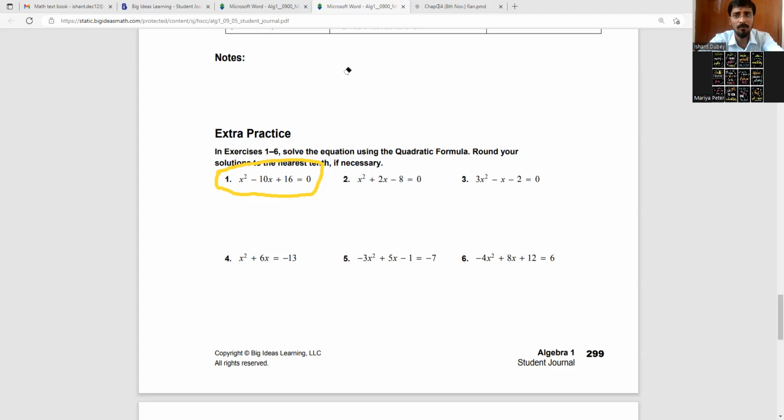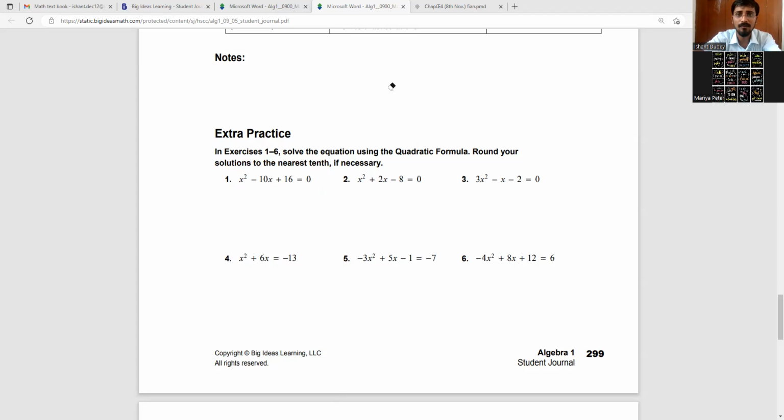We have 5 methods. We will solve question 1 by using all the 5 methods, and the remaining you can try.